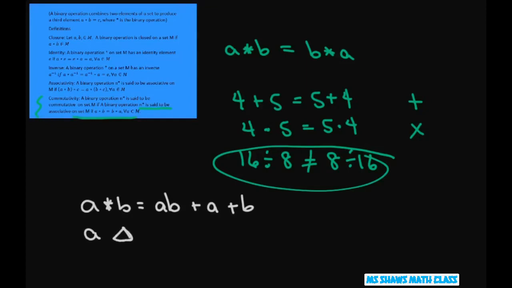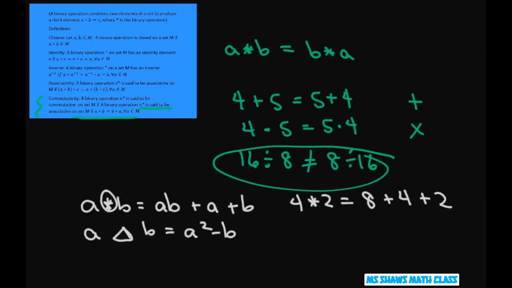They won't use this symbol. So if we have, in this case, 4 star 2, that would equal 8 plus 4 plus 2, which equals 14.